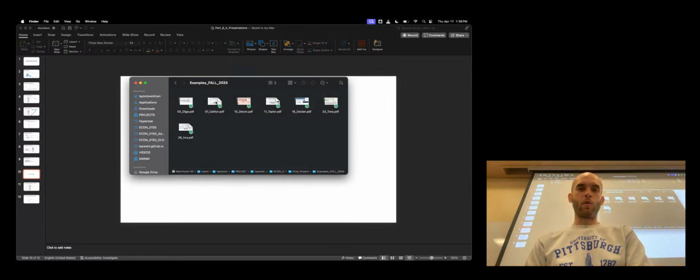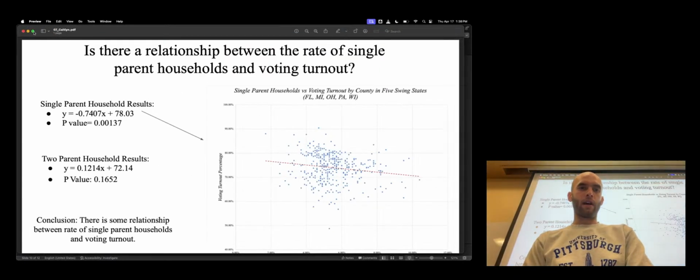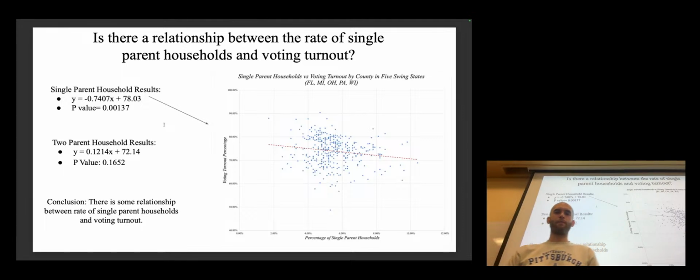All right, so another student, again, asked an amazing question. This was another question firmly grounded in economic theory, or at least behavioral science. If you have children, it's harder for you to go to the polls. If I have a child at home, as a single parent, I'm not a single parent, but if I were, it would be harder to vote.